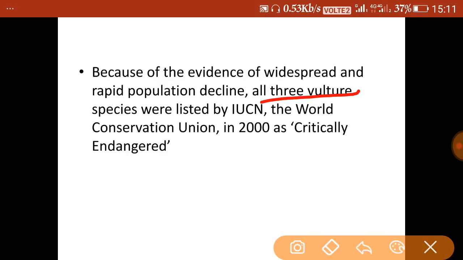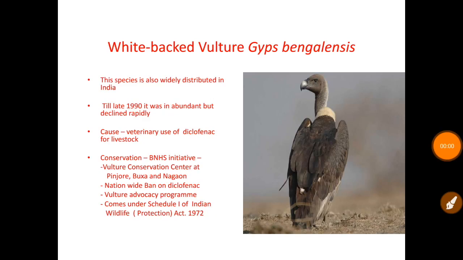Because of the evidence of widespread and rapid population decline, all 3 vulture species were listed by IUCN, International Union of Conservation of Nature and Natural Resources, the World Conservation Union in 2000 as critically endangered.